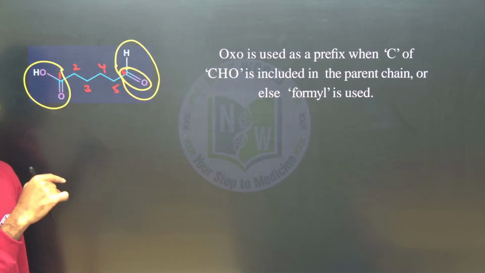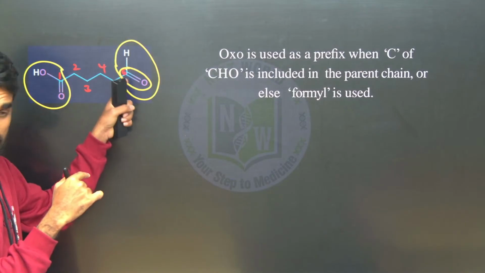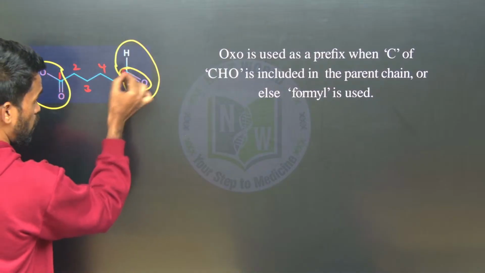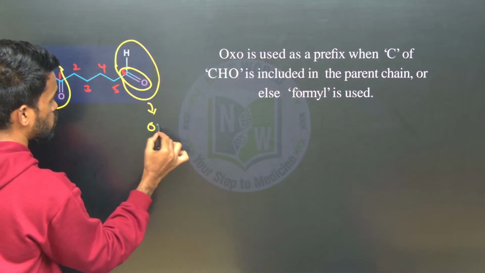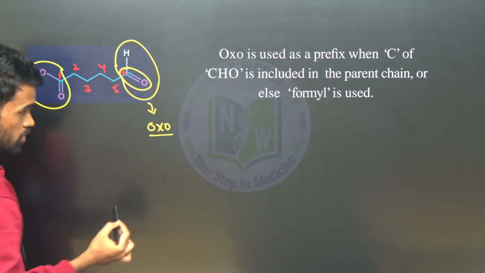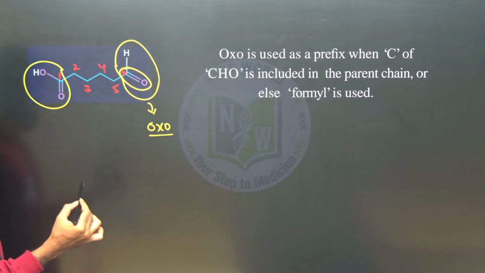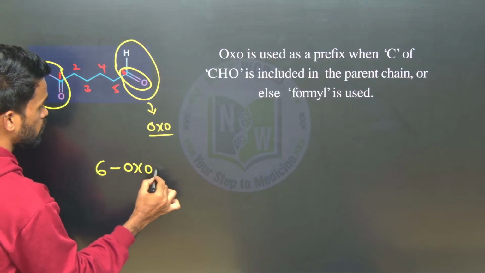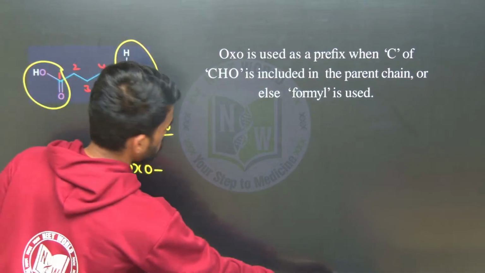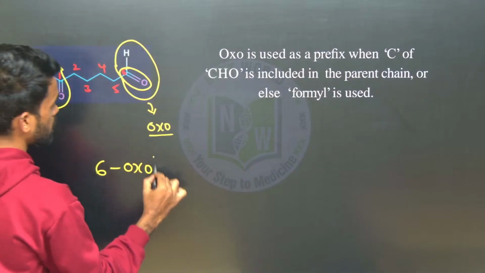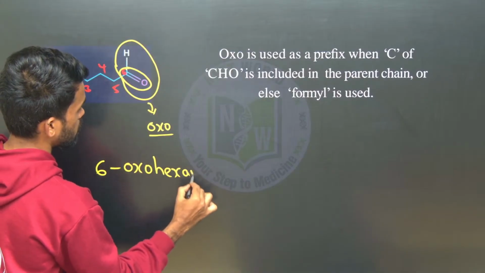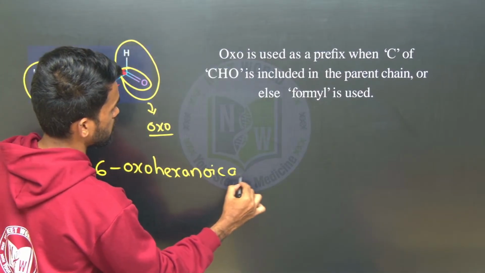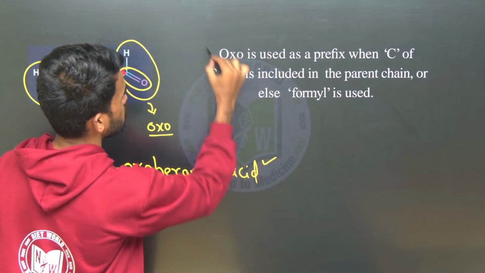If they count the carbon of aldehyde in the parent chain, the aldehyde should be represented as oxo. What is the position of that aldehyde? 6. So I can write 6 oxo. Next, 6 oxo hexanoic acid.